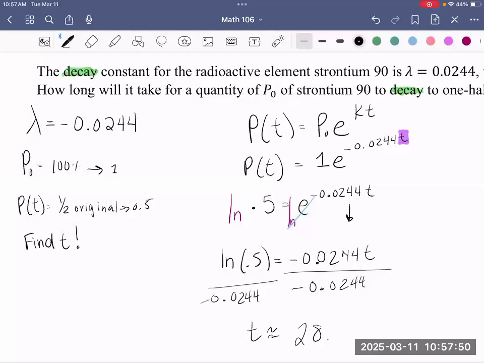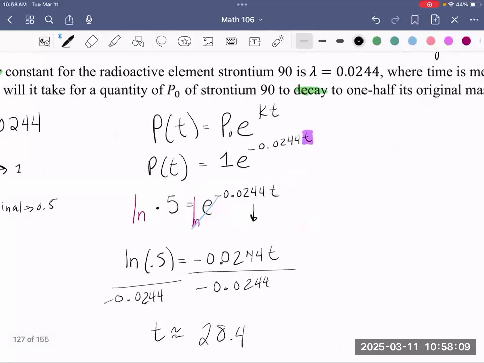Now, when we talk about rounding, especially if t is in years, or any sort of context really with time, you've finished your 28th year and you have now started on your 29th year. You haven't finished your 29th year, but you are well into it. So really, we are going to round up to 29 years.